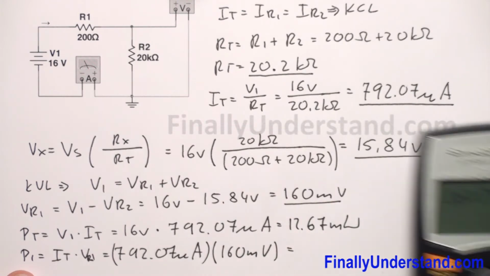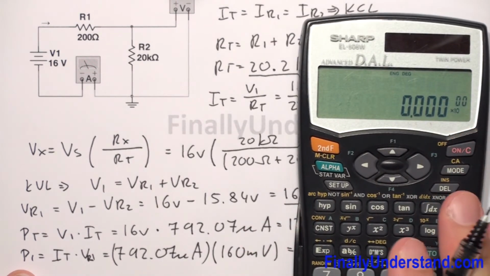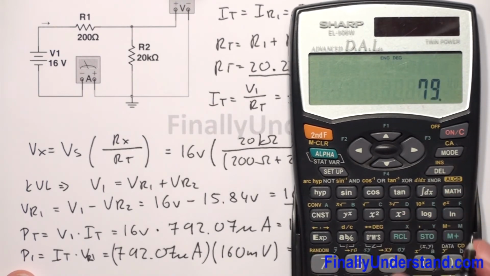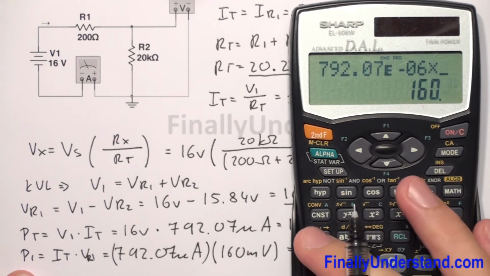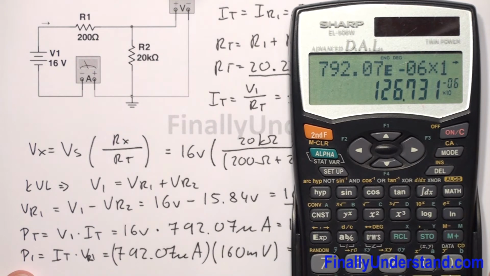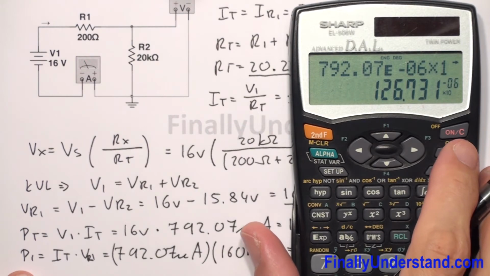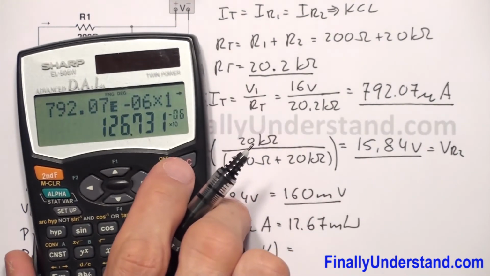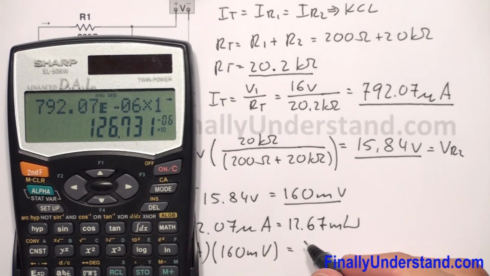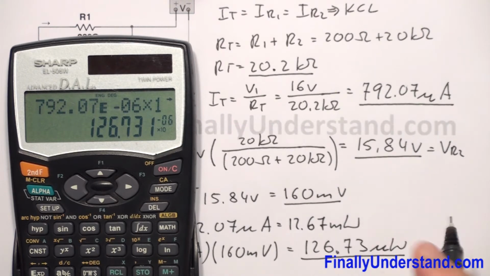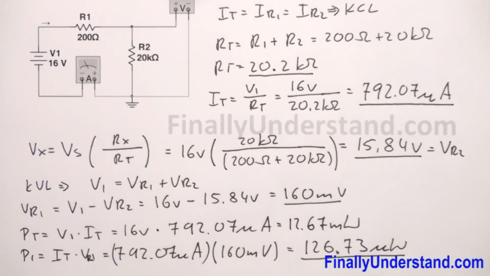I'm going to use the calculator again: 792.07 exponent negative 6 times 160 exponent negative 3. This is equal to 126.73 microwatts. So this is the power at resistor R1.